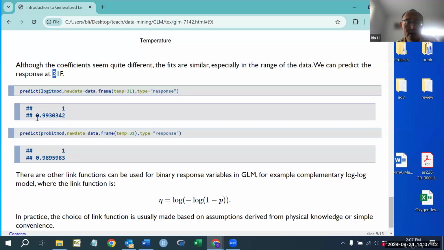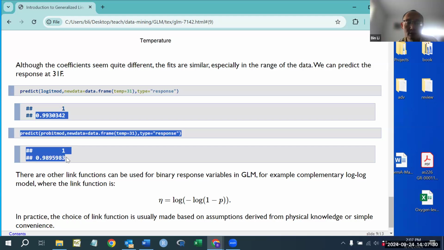The probability of having a damage is 0.99 for the logistic regression, and for the probit model it is very close to 0.99. So you can see the predicted values are very close.